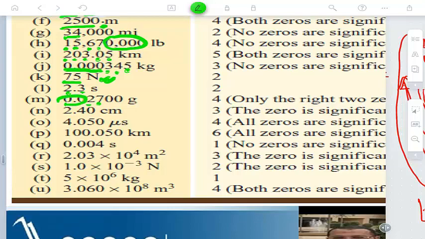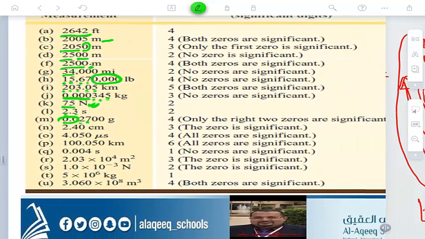So we have 4 significant figures here. What about the next? 2.40 centimeter. We count all of them. The 3 are significant. What about this? 1, 2, 3, 4, because we have a decimal here, so we count all of them, and this 0 is on the right hand side, not the left.